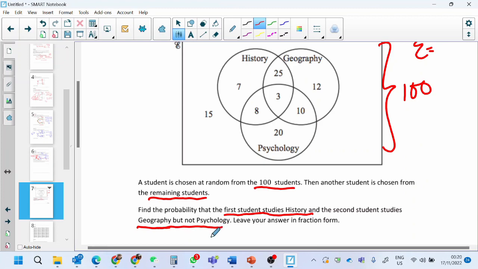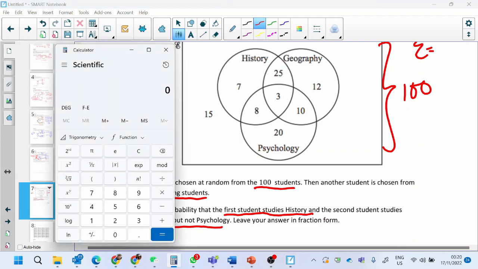So in the first, probability of history, that will be how many are in history? 25 plus 3 plus 7 plus 8, right? So we have to add all these of history. 25 plus 3 plus 8 plus 7.